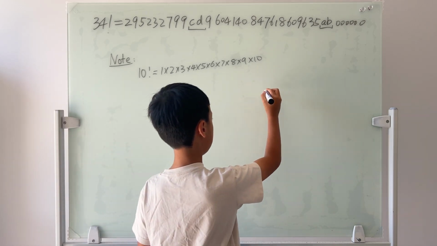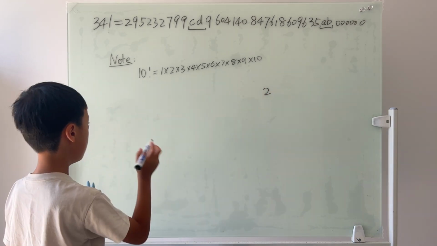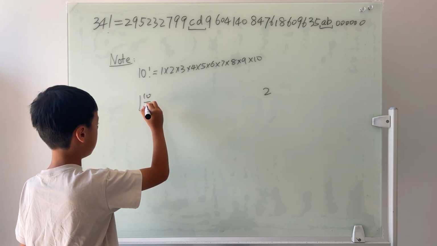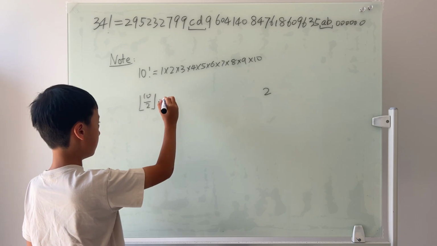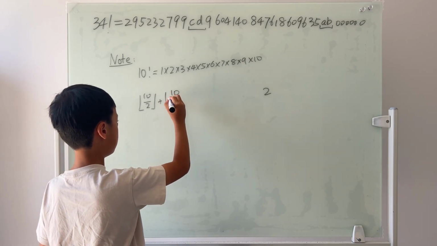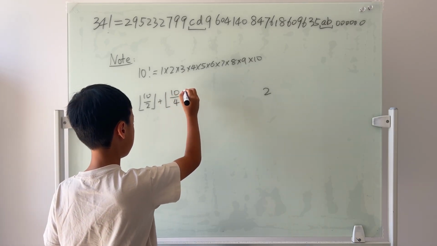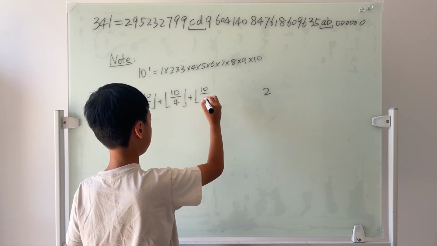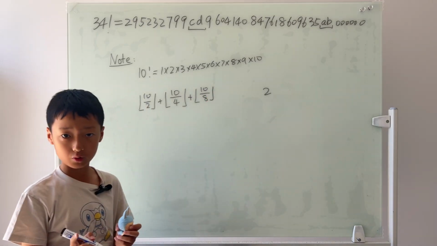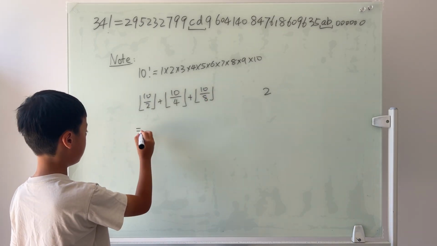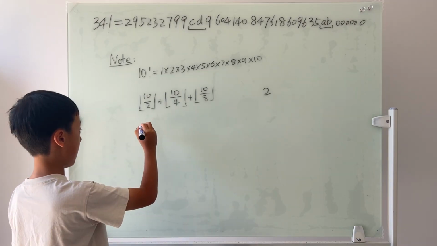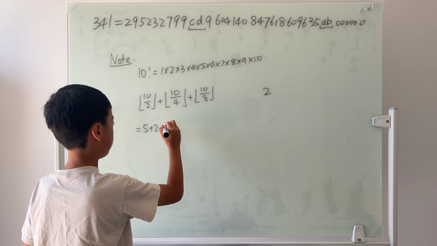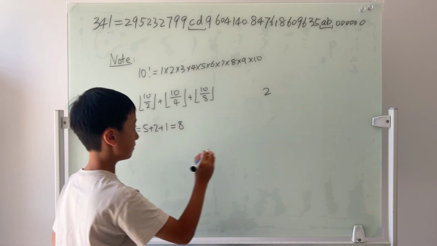I'm going to write it here. 2 to the power of the floor of 10 over 2, plus the floor of 10 over 2 squared, which is 4, plus the floor of 10 over 2 cubed, which is 8, and that's all. This is a whole number, which is 5, and then plus 2, and then plus 1. So this is equal to 8.